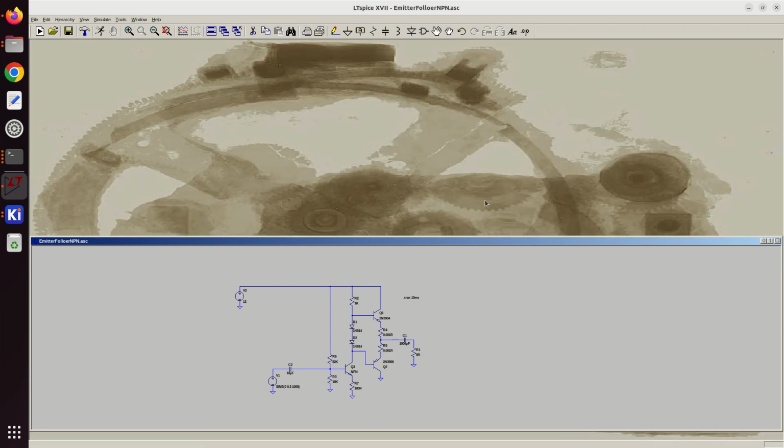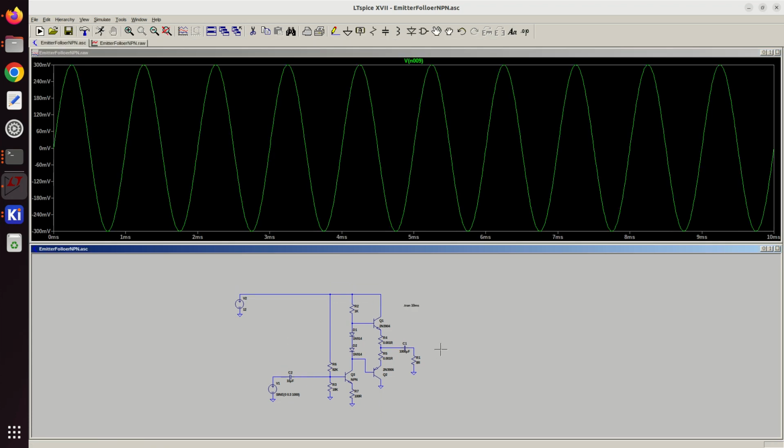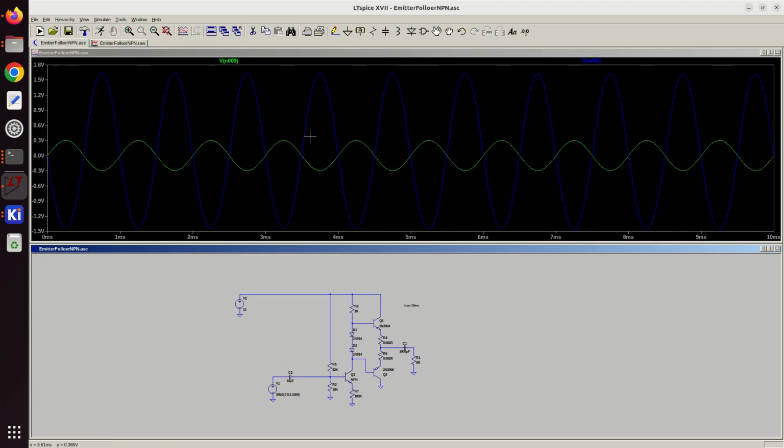So let's redo this again. So we look at our input and then our output. And obviously our output is a lot bigger and out of phase because of this guy. The emitter followers will maintain the phase of the input, whereas the common emitter will invert the phase.